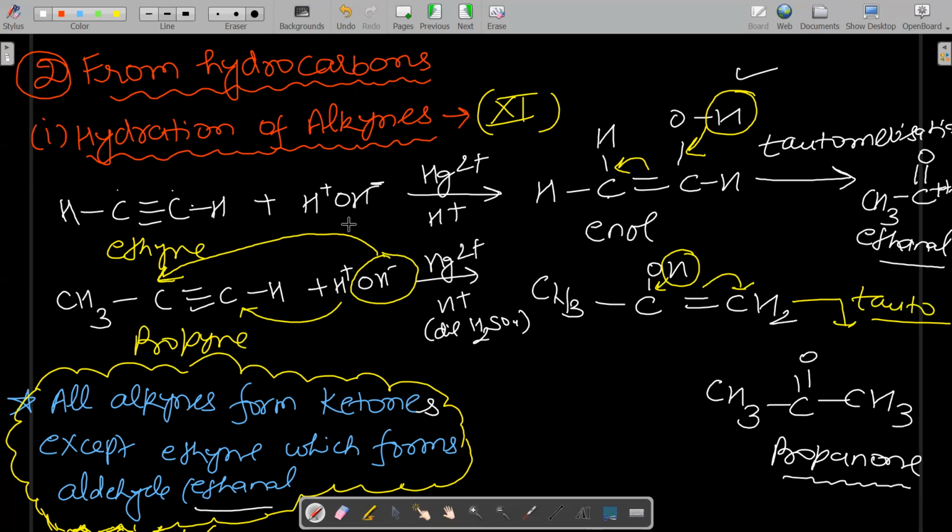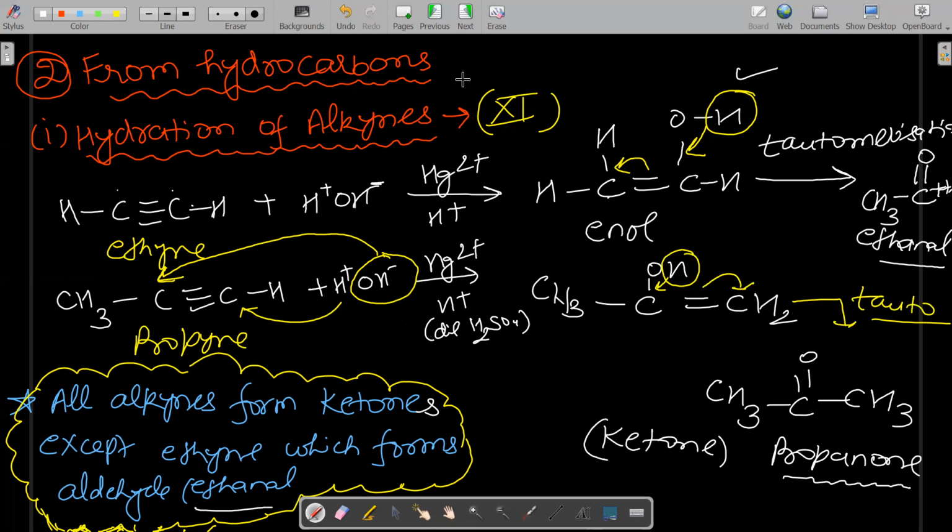So when an alkyne undergoes a hydrolysis reaction in the presence of mercury catalyst and in acidic medium, we always get a ketone except for ethyne. So these reactions are important for any conversion. So we are getting ketone.